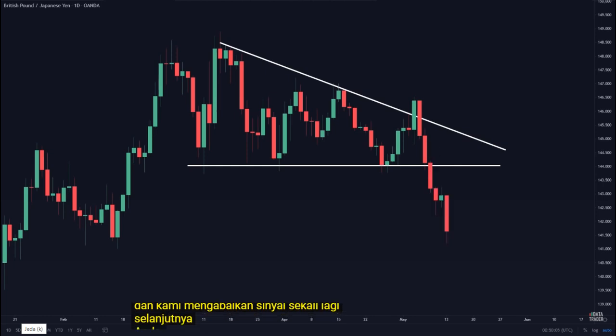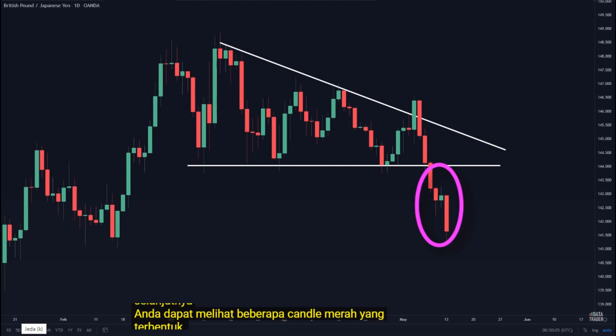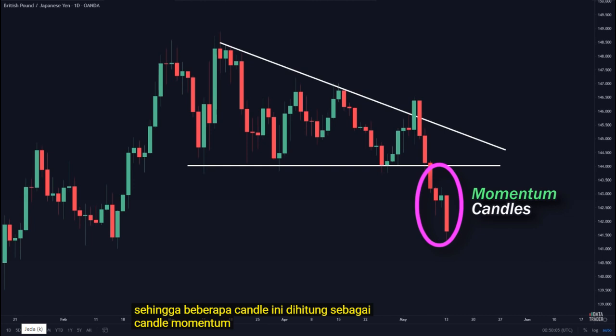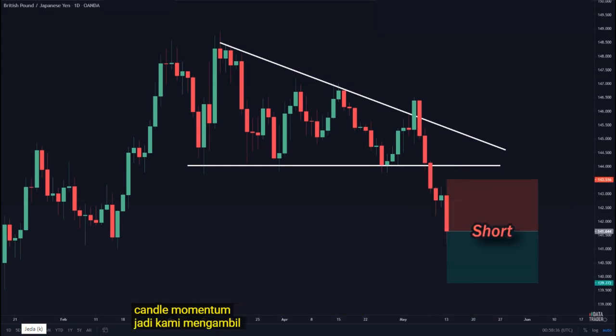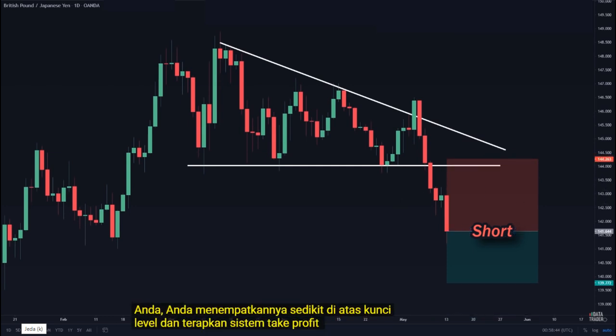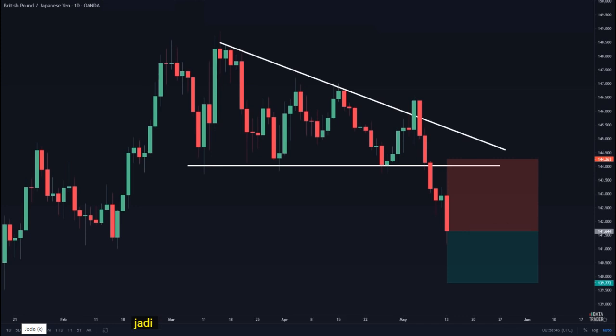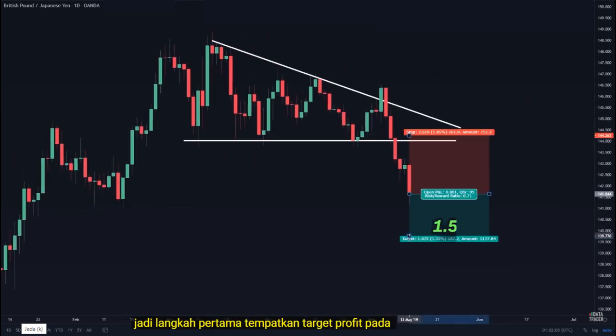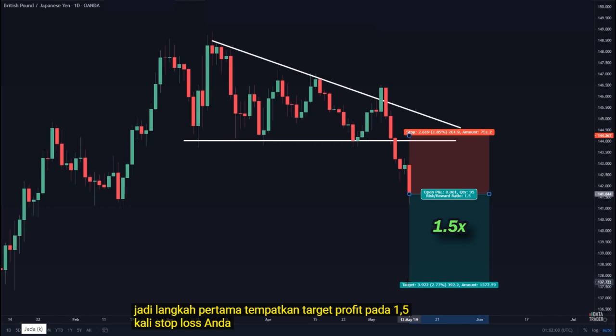Next, you can see multiple red candles that formed after that, so these multiple candles count as a momentum candle. So we take a short position. Now for your stop loss, you place it slightly above the key level and apply the two-step take profit system. So step 1, place a profit target at 1.5 times your stop loss.